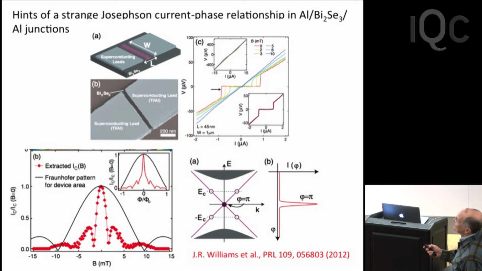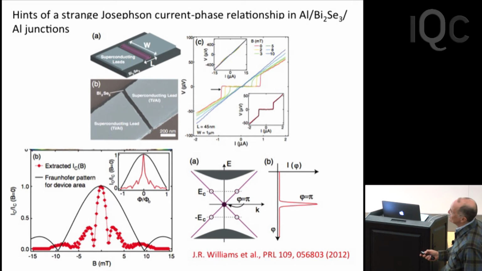What they found is that they got Josephson-like current voltage characteristics, but they had very strange behaviors. In particular, the Josephson current, the critical current, actually decreased as the width of the junction increased. Also, the Fraunhofer interference patterns, which should look like this solid black line.